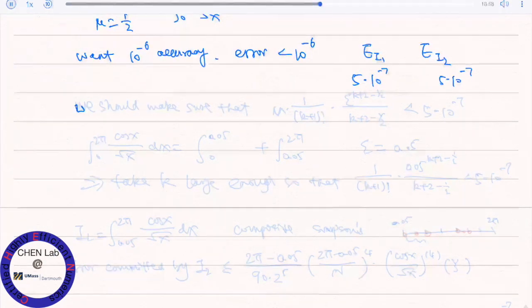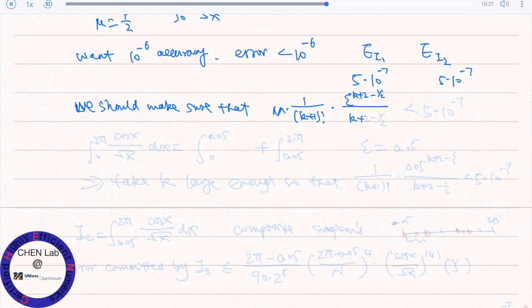So we should make sure that the error, which is M is 1, so M times 1 over k plus 1 factorial times epsilon to the k plus 2 minus mu, where mu is 1/2, divided by k plus 2 minus 1/2. That's the error when we're close to 0, a singular point. We want to make sure this is less than 5 times 10 to the negative 7.